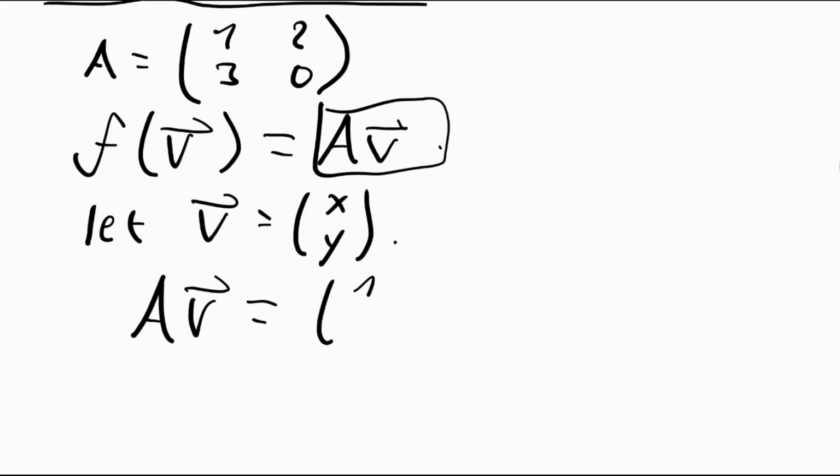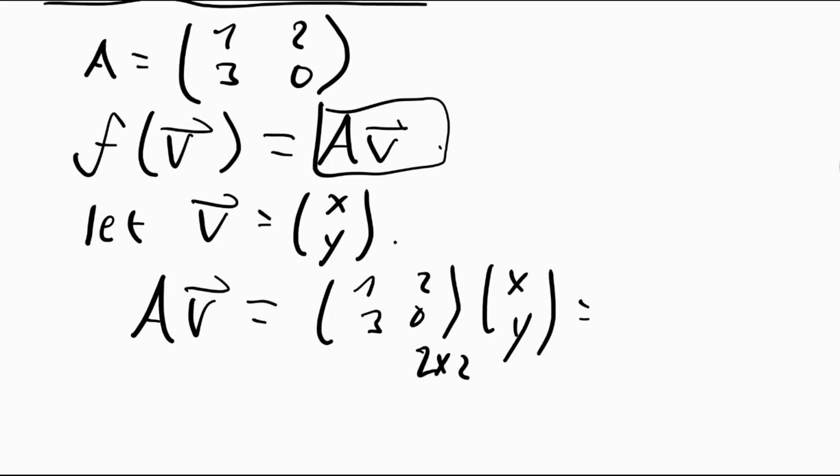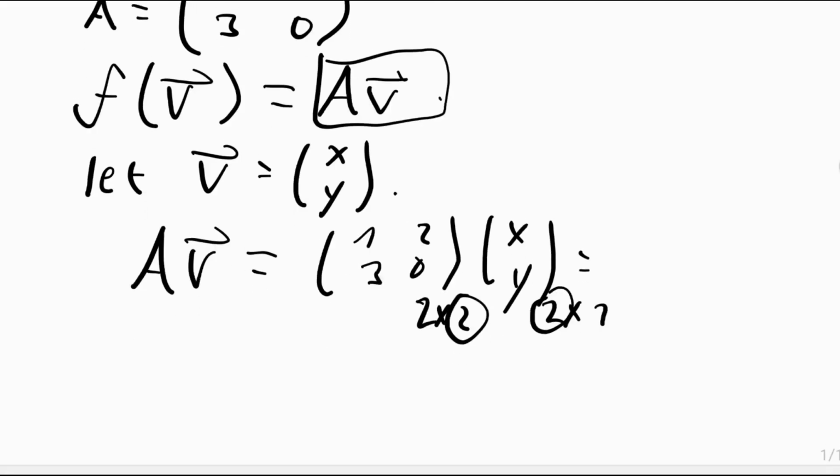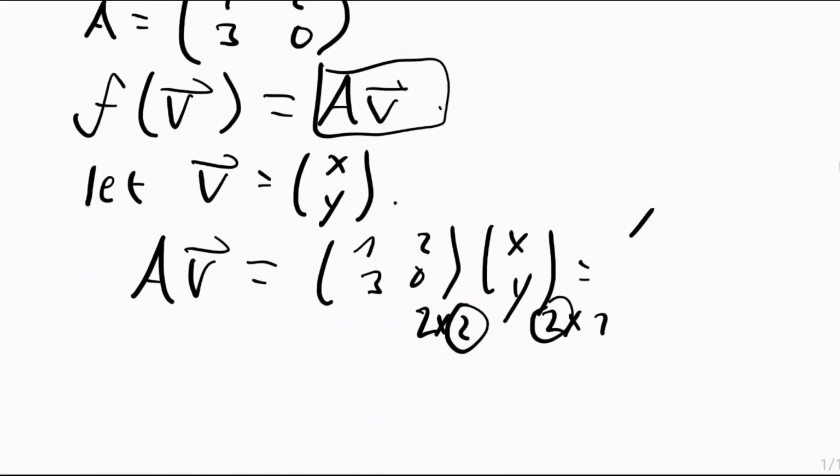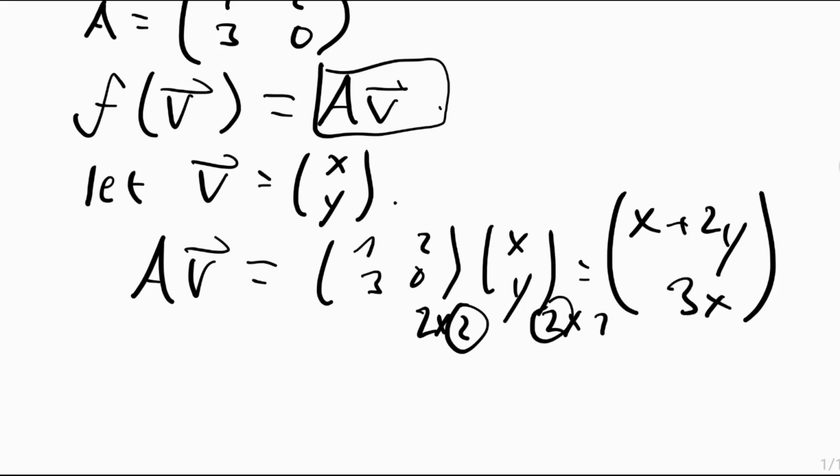It will do 1, 2, 3, 0 times x y. So this is matrix multiplication, this is a 2 by 2 matrix, and this is a 2 by 1 matrix. It's compatible because this and this dimension are the same. So we have x plus 2y on the first entry, and then 3x on the second entry.